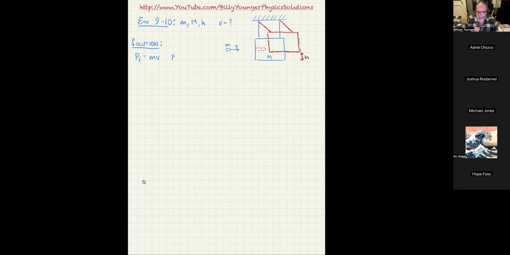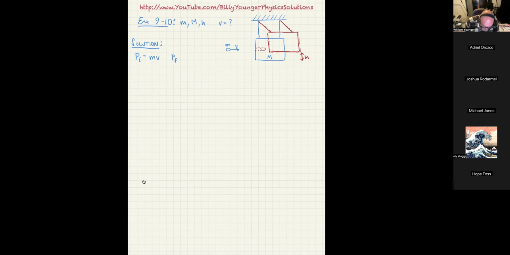We're not talking about after it starts to take off, because once it embeds in the big mass, the momentum is going to be transferred to the big mass, and it's going to leave with a new velocity, which we'll call v2 or something like that. But that's the point where we stop looking at it from a conservation of momentum standpoint. At that point, we start looking at it from a conservation of energy standpoint.